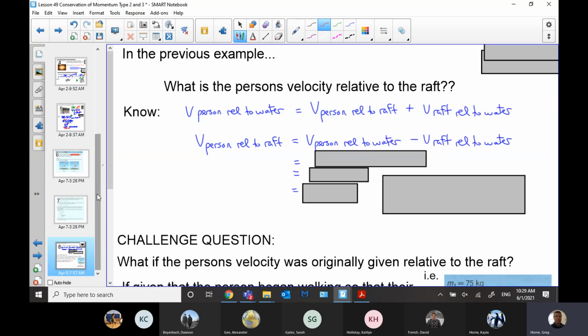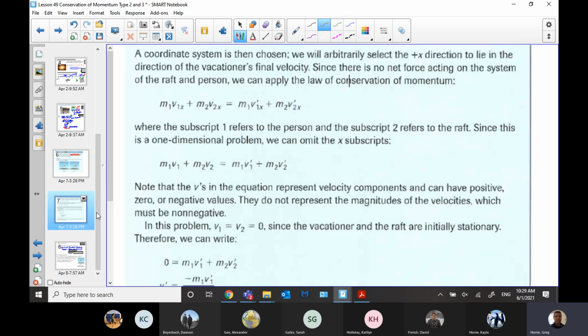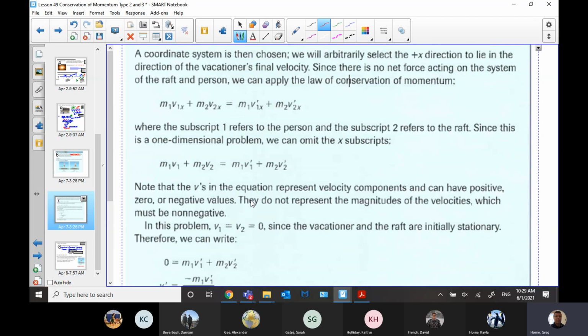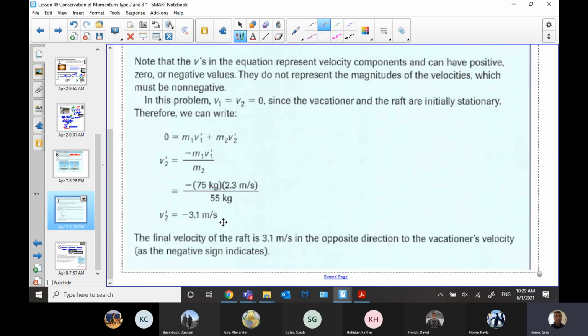Now, I do have to just use these numbers, unfortunately, because the numbers we did here aren't the ones I'm using in my example. I should rejig this next time around. But let's cut to the chase here, and you see the answers you get, right? Basically, they're saying if you walk forward at 2.3, the calculations lead to the raft going backwards at 3.1.